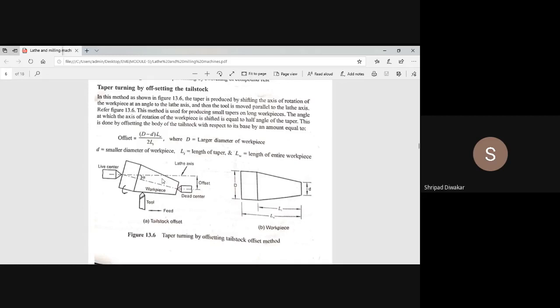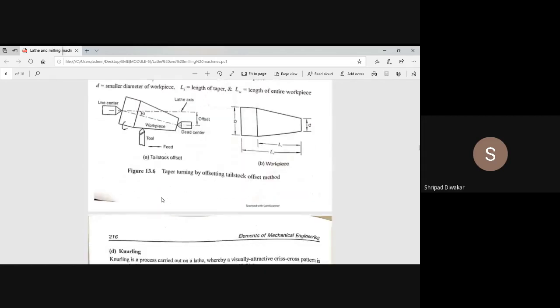When you set the offset, automatically the angle is generated, and according to that angle the tool moves and generates the conical surface. So this is the conical surface generation or taper turning method.